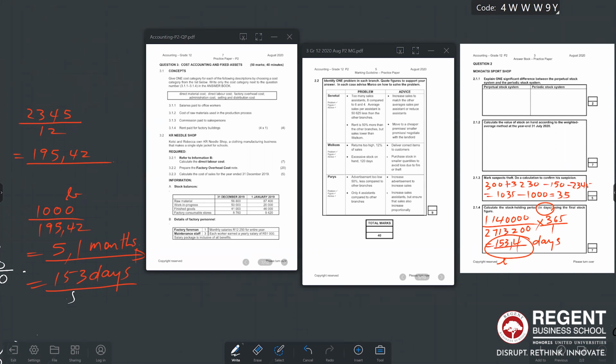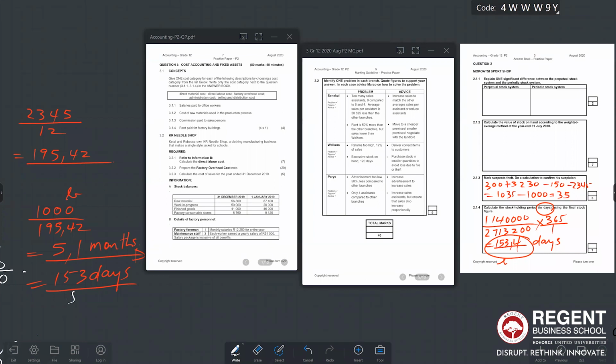It is your direct material cost per unit plus direct labor cost per unit plus selling and distribution. Those three make up variable cost: direct material plus direct labor plus selling and distribution. If you add those three, it will give you your variable cost per unit. And then you simply do your calculation and you get break even.